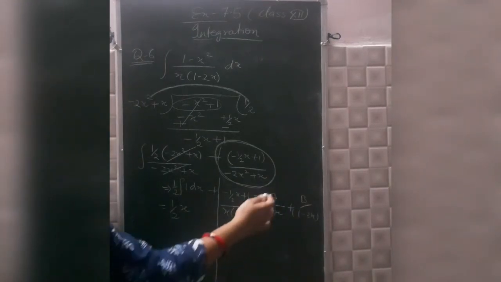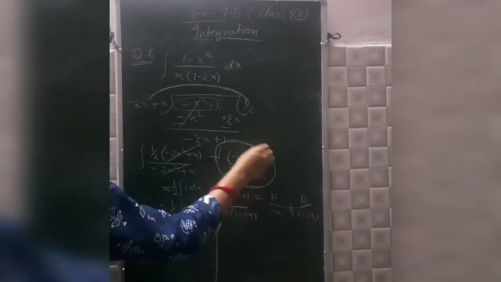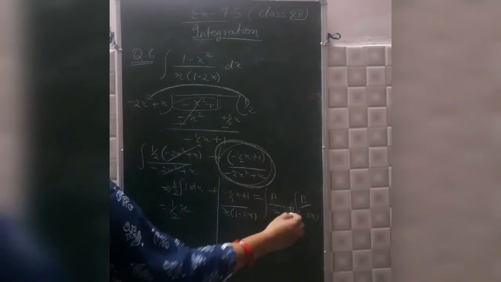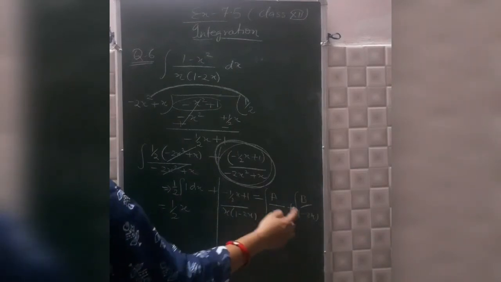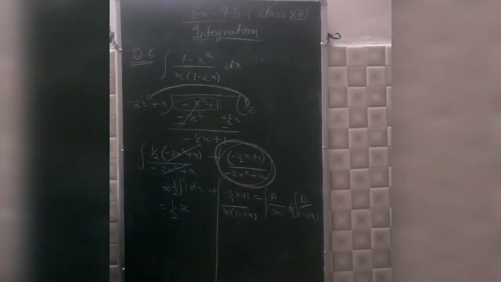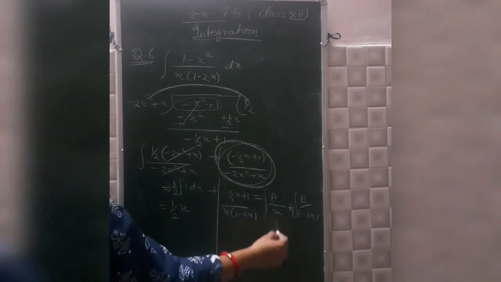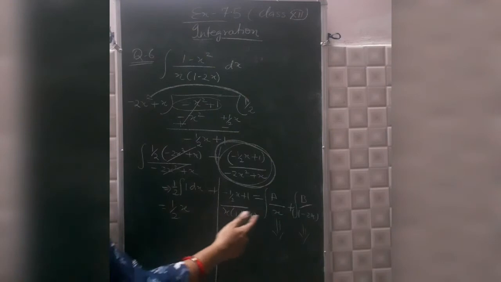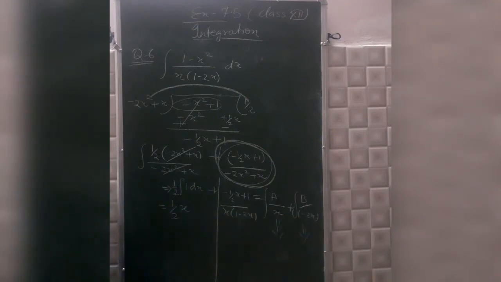After finding the values of a and b, this second integration part is again broken down into 2 parts, where the denominator is a linear expression. Constant terms you can take outside the integration, and after that you can very easily integrate these 2 parts. Taking the integration of these 3 parts together plus the integration constant c gives you the integration of this function.